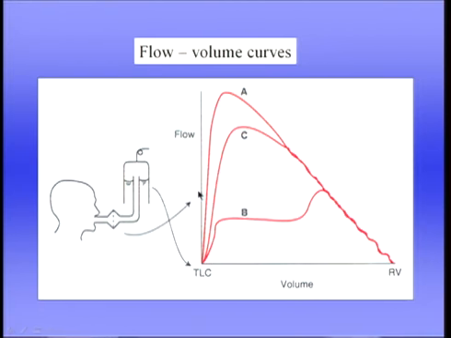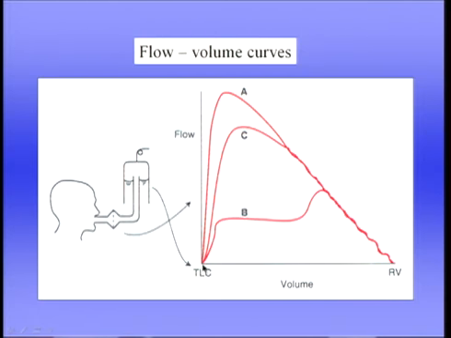As I said before, we can use the differential of the volume signal as flow, but it's better actually to measure flow directly, and that's what we're doing here. So we ask this subject to breathe in as far as he can to total lung capacity. That's the largest volume you can get in the lung with a maximal inspiration.